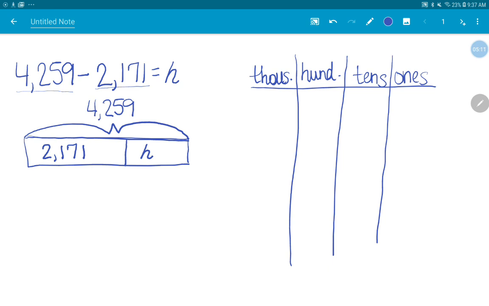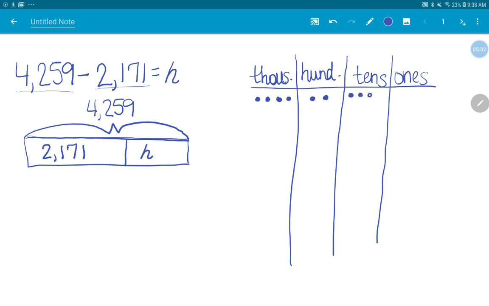I'm going to represent 4,259. So right now, on your place value chart, I want you to put 4,259 using place value discs.